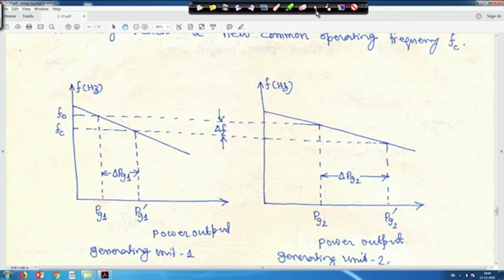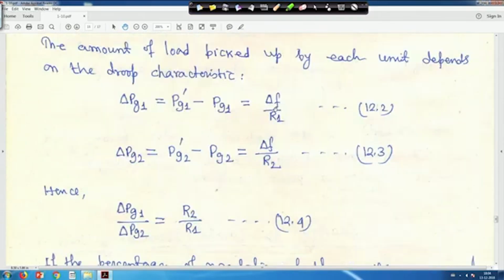So, if we write down, delta f by R is equal to delta Pg1. I told you Pg1 dash minus Pg1 is equal to delta f upon R1, right, because the frequency deviation is common. This is equation 2. Similarly, delta Pg2, Pg2 dash minus Pg2, is equal to delta f upon R2, right.